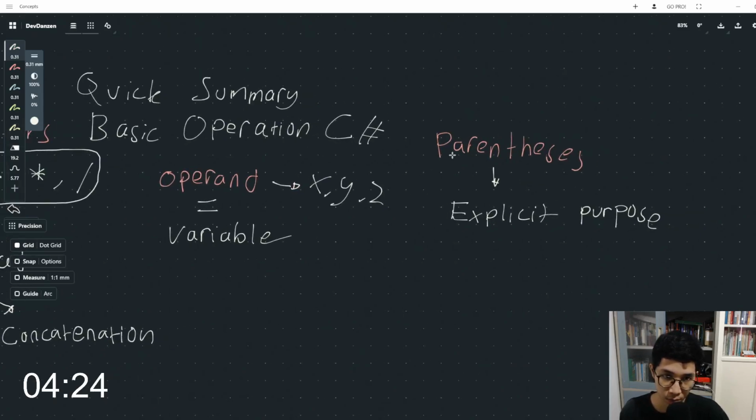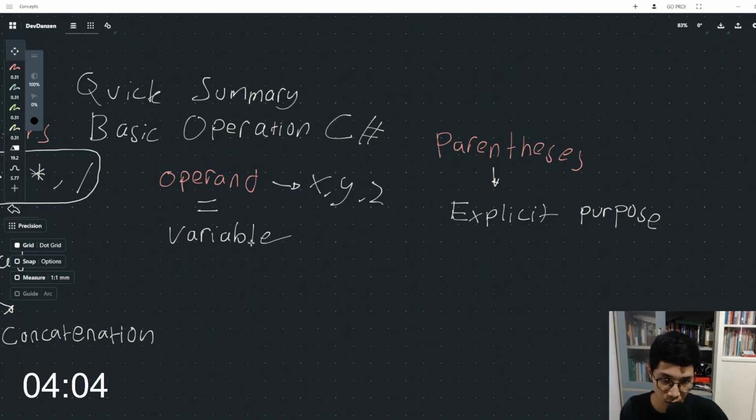If you don't use the parentheses, in the case like before, in the Console WriteLine there is a string variable and an integer variable.